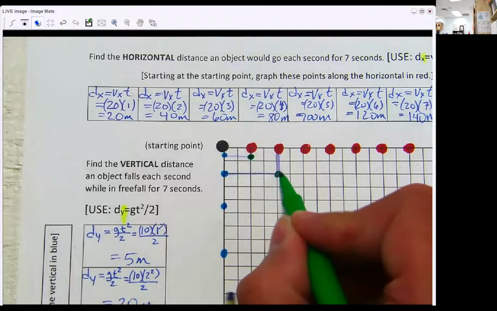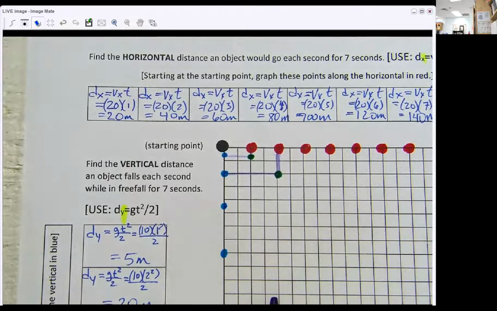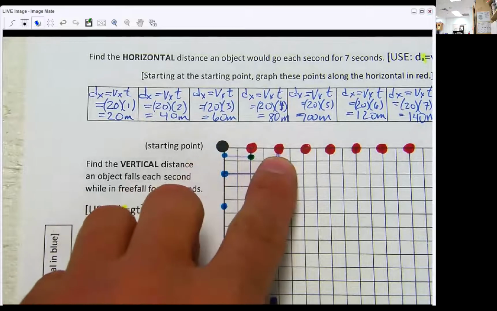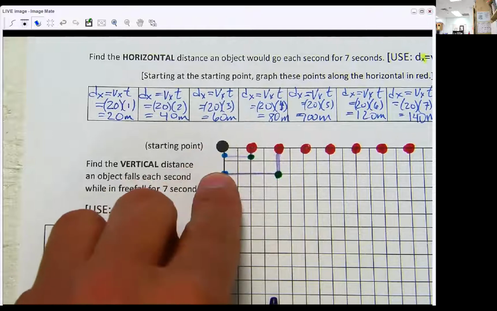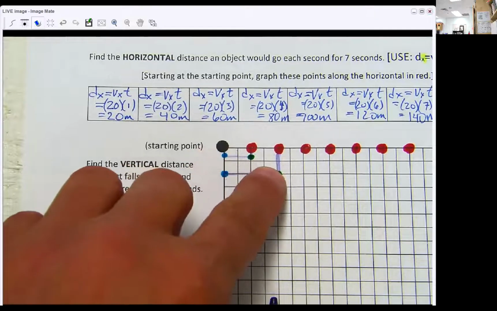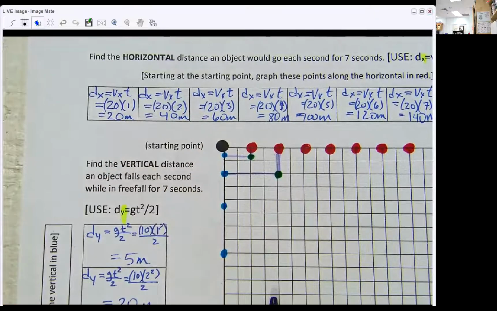And I'm going to put a point right where those two come together, because what I'm looking at is not only the object moving forward, but it's also falling at the same time. So you don't have it end up here. You don't have it end up here. It's a combination. That's why it has kind of like that curved path, kind of like it at an angle.